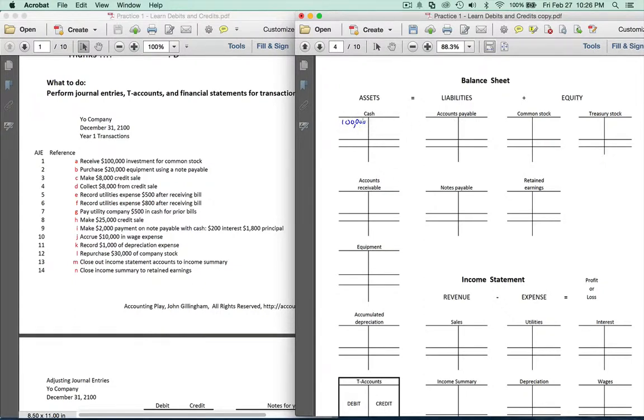Instantaneously, if there's a debit, we know there's a credit. Issuing common stock: debit, cash up, and common stock is also going to go up with a credit. 100,000, also going up.